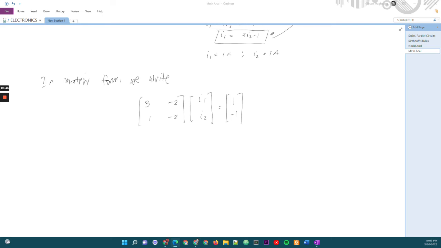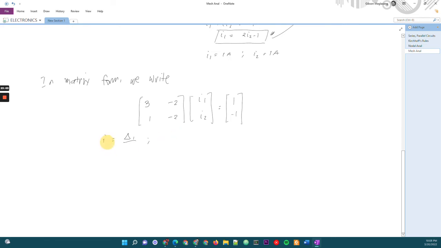So for Cramer's rule, yan is here. I1 is just delta 1 over delta. So determinant na siya. I2 would be, or ang simplify siya.